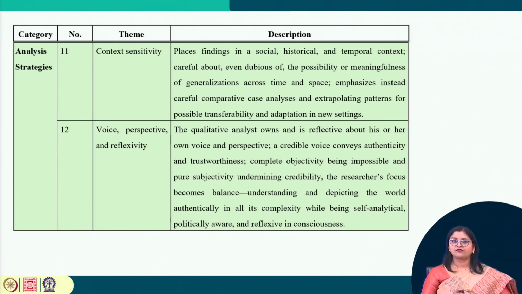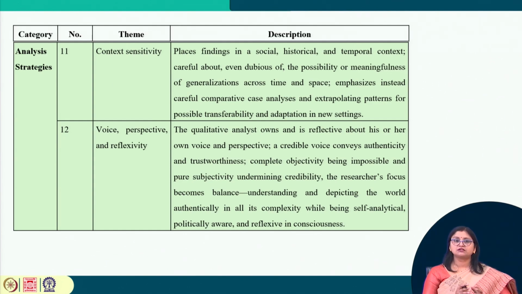And the last one is voice, perspective and reflexivity. Here Patton describes that the qualitative analyst owns and is reflective about his or her own voice and perspective. A credible voice conveys authenticity and trustworthiness, complete objectivity being impossible and pure subjectivity undermining credibility.